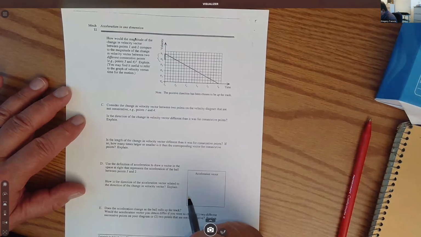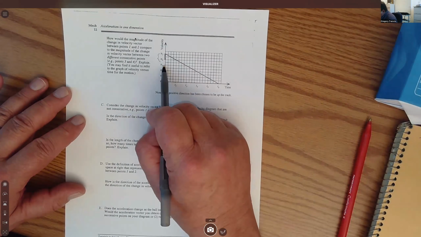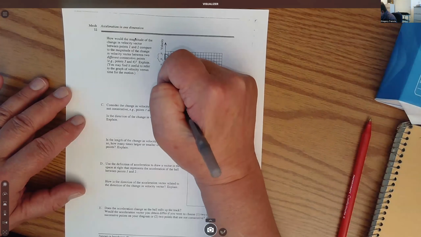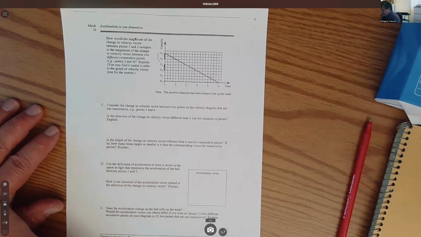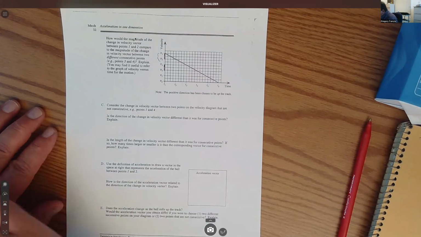If I look from, say, the time I took picture 3 to the time I took picture 4, the change in velocity is, well, the same size. It doesn't matter whether I look at picture 1 and picture 2 or picture 3 and picture 4, the value of the change in velocity is going to be the same in each of those cases.